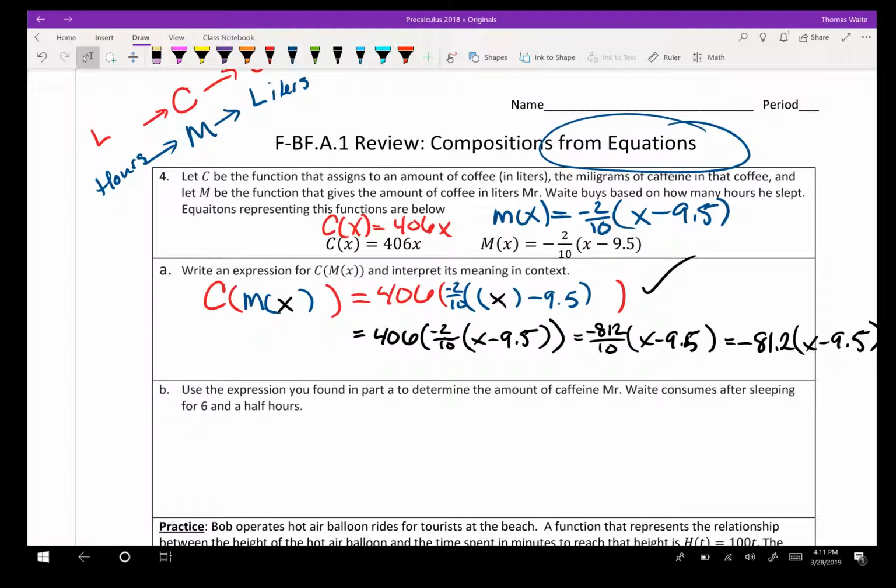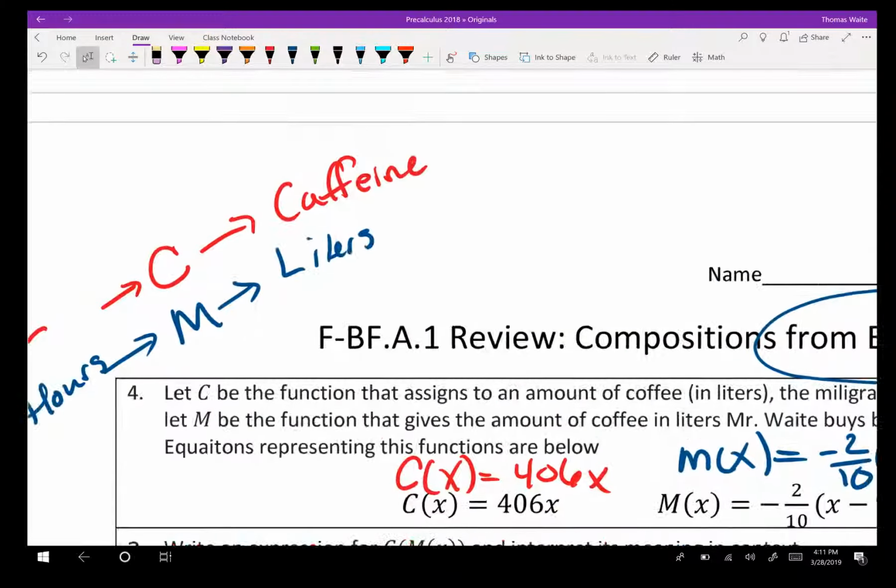So write an expression for that and interpret its meaning. This means C of m of x, we've got to say what it takes in and what it puts out. So C of m of x gives the, let's see, what does C output? Because C is coming out of this whole thing. Let's look back up. C gives caffeine.